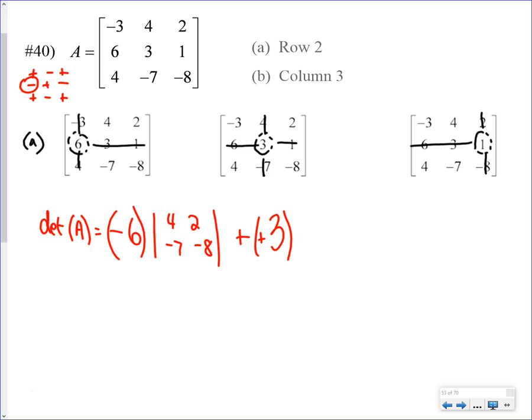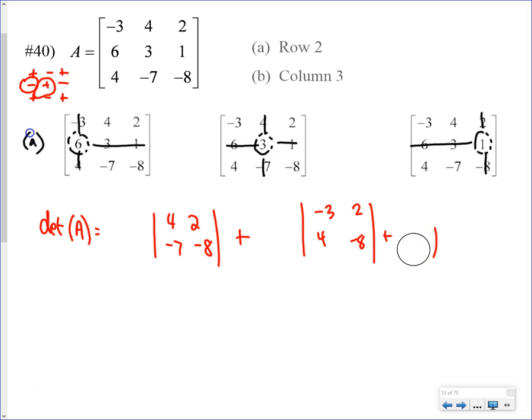Positive, because it's in the positive placement, times... plus negative 1. Maybe this is a little better if I do it this way.